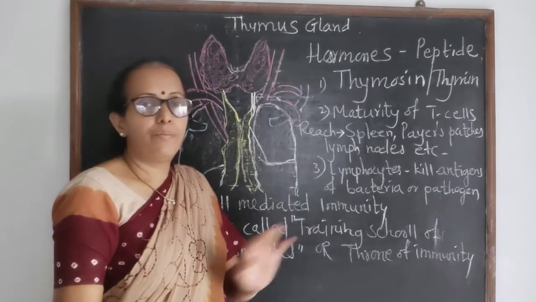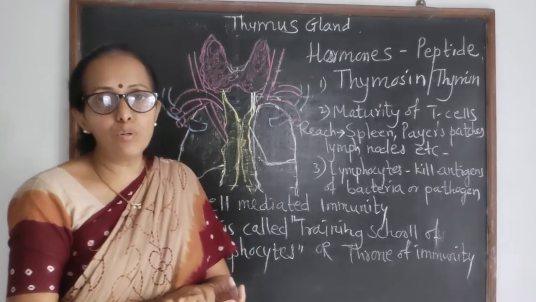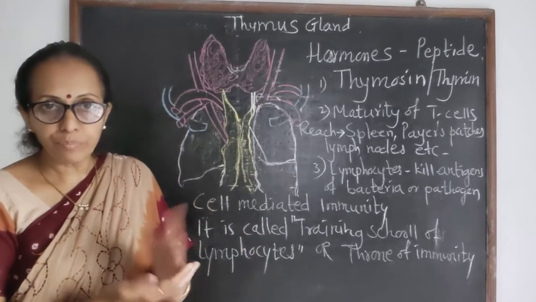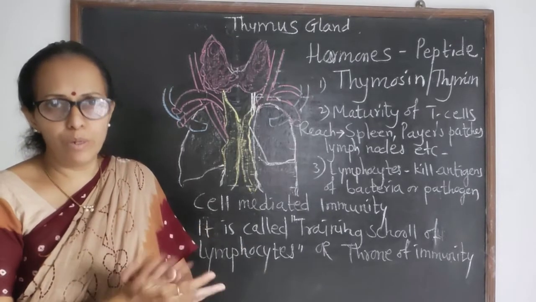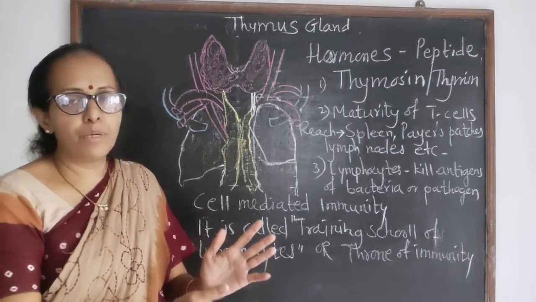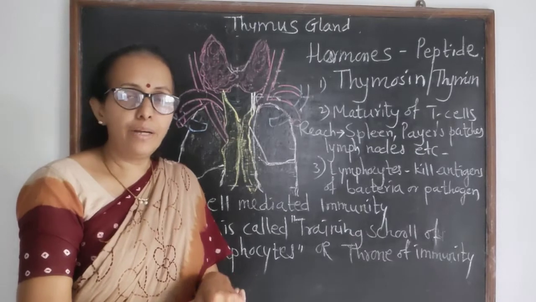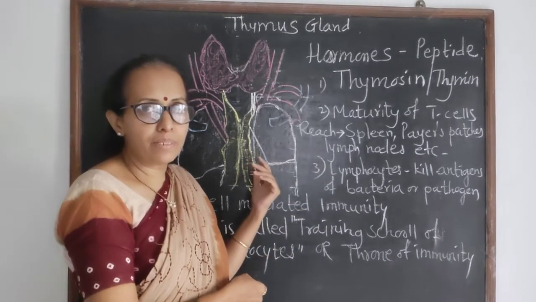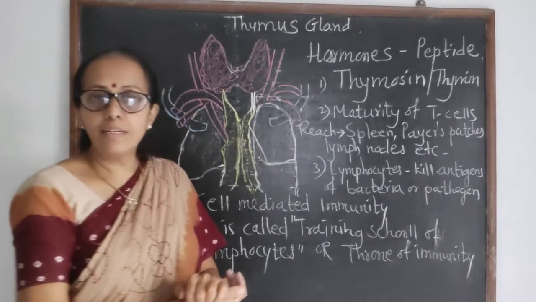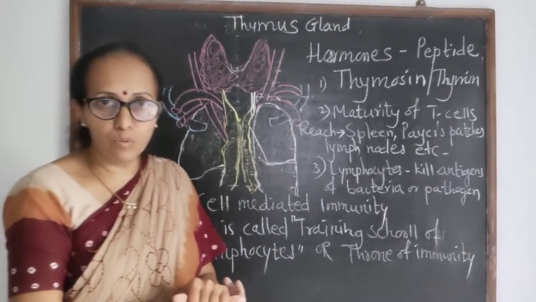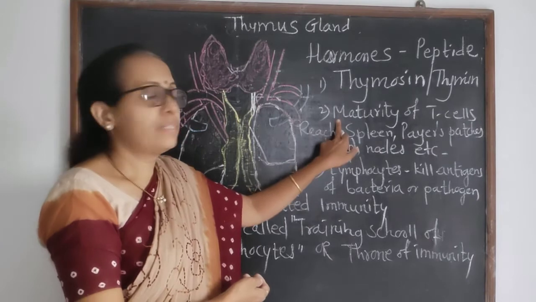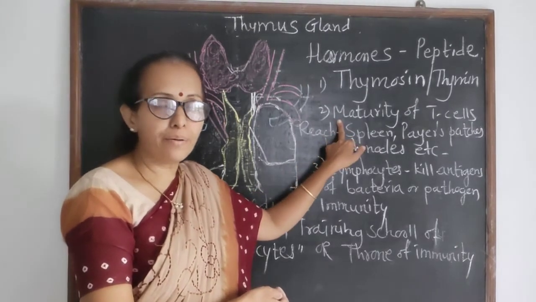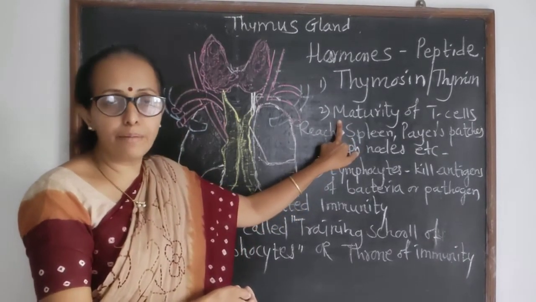We know that lymphocytes are produced in the bone marrow, and we categorize them into B lymphocytes, and those which mature at the thymus we call T cells or T lymphocytes. That is a very important part of cell mediated immunity.